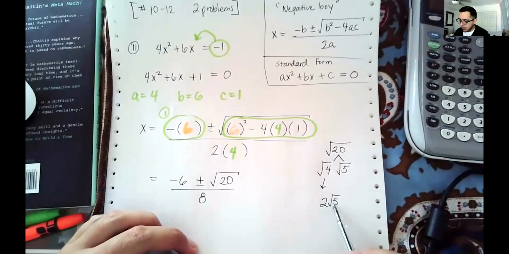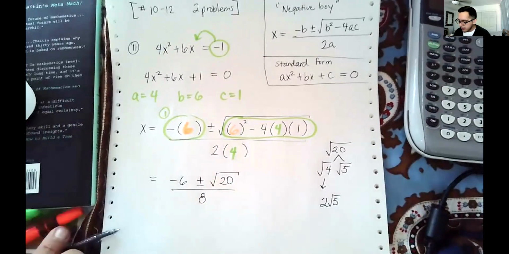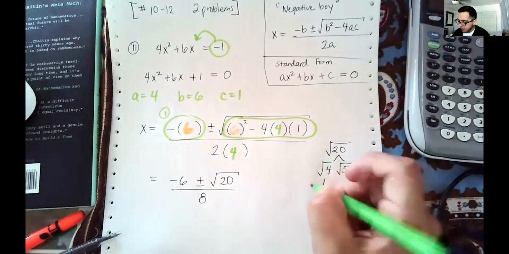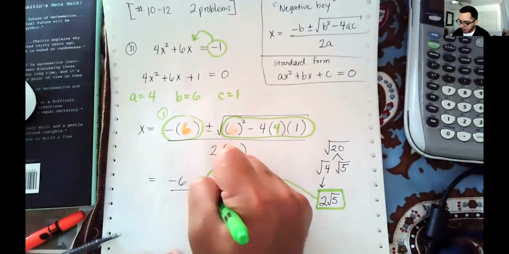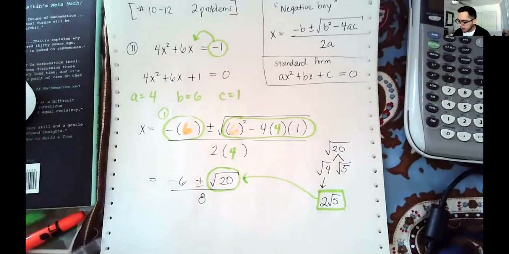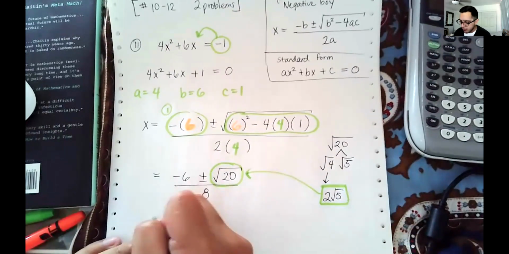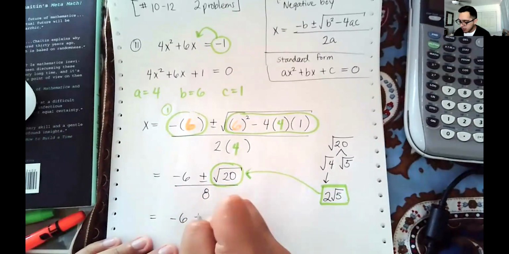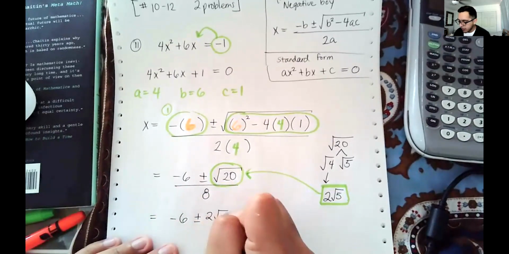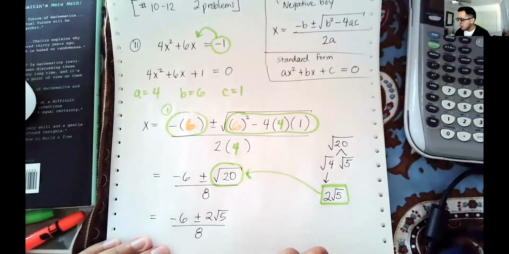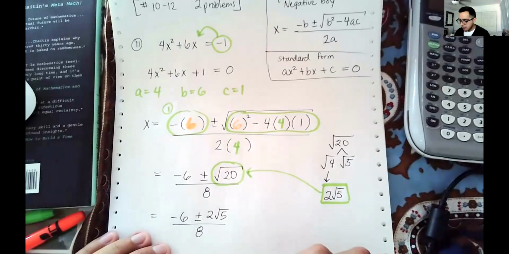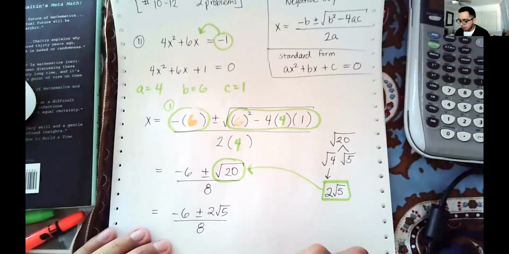So we'll have to simplify the square root of 20 into 2 times the square root of 5. So I'm just going to go ahead and replace the square root of 20 with 2 root 5. -6 plus or minus 2 root 5 all over 8. Okay. Does anybody have any questions about that?